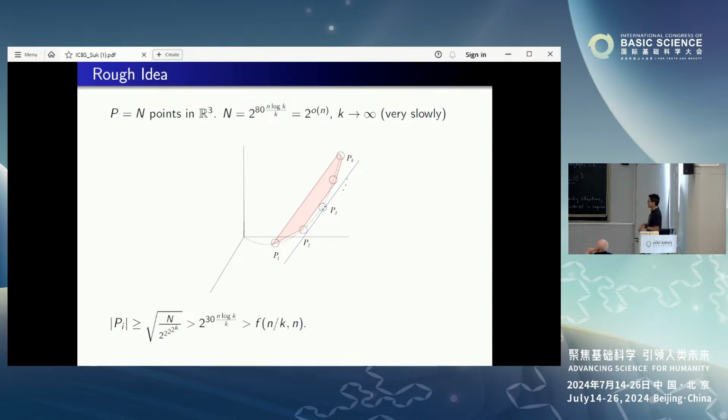So what they have is the structure of the clusters being of size n over k.